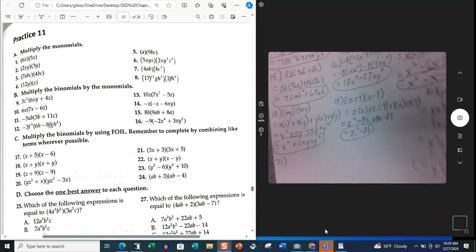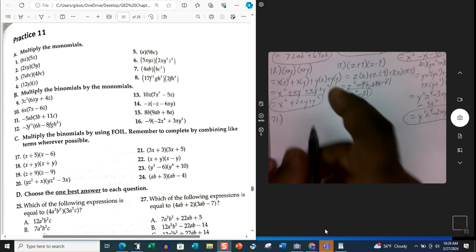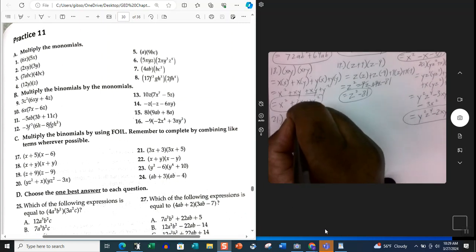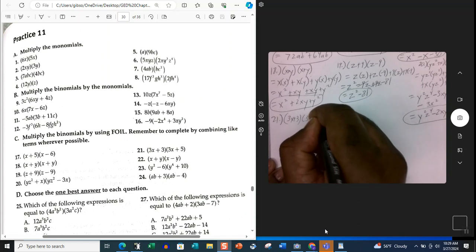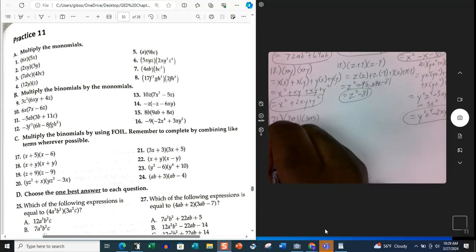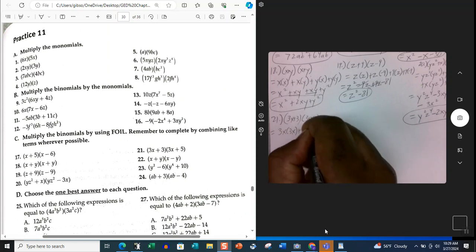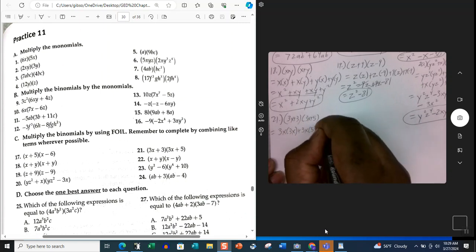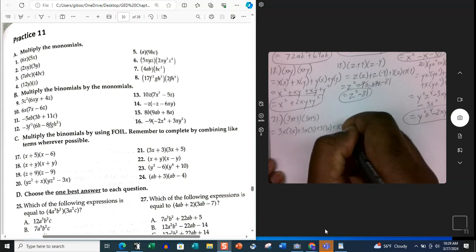Problem 21. 3x plus 3 and 3x plus 5. So you add 3x times 3x plus 3x times 5 plus 3 times 3x plus 3 times 5.